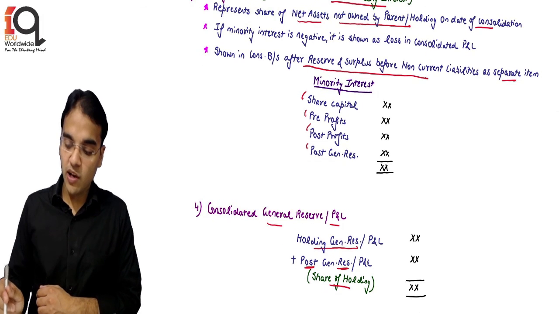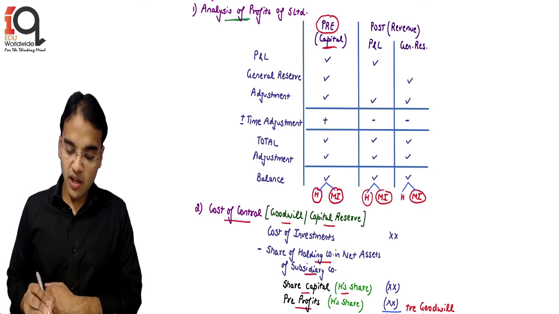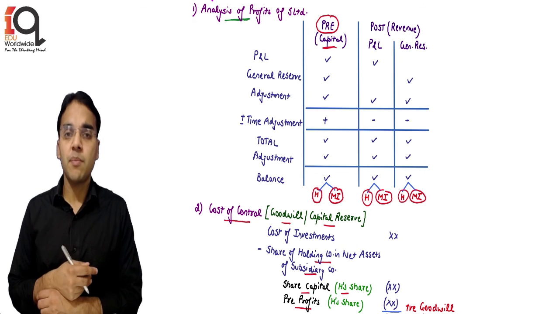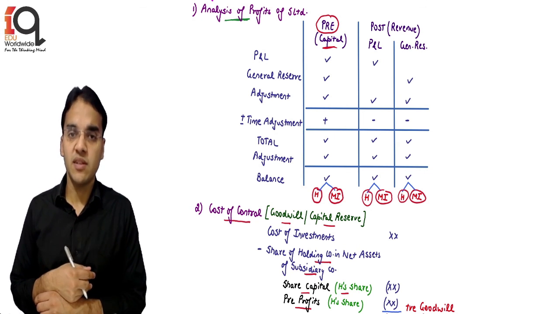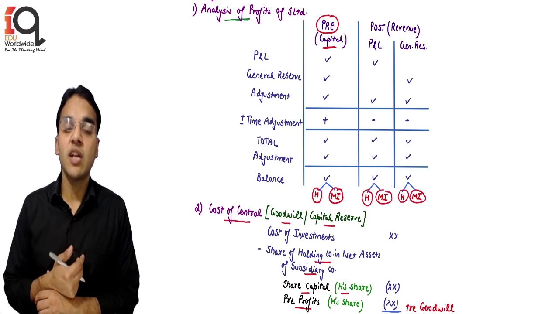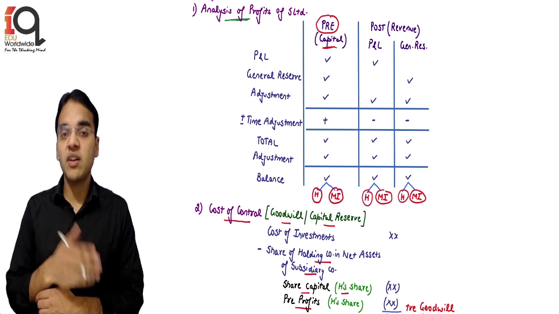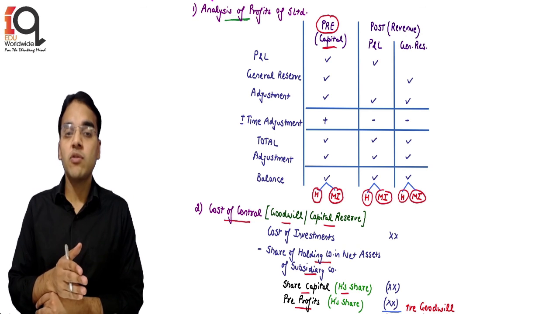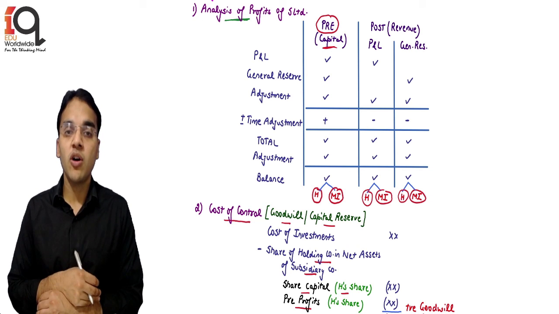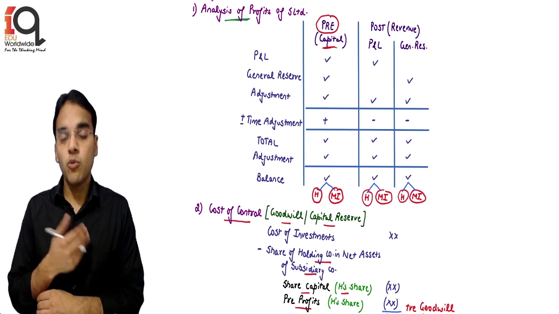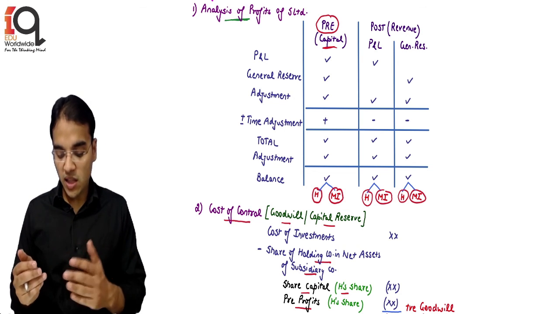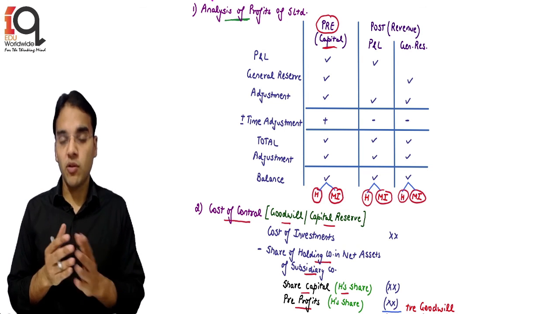If they are separately shown, in our example it was combined as reserve and surplus. So there is a post general reserve, post P&L. Post means after the date of acquisition. Up till the date of acquisition, it is shown under your cost of control, student.